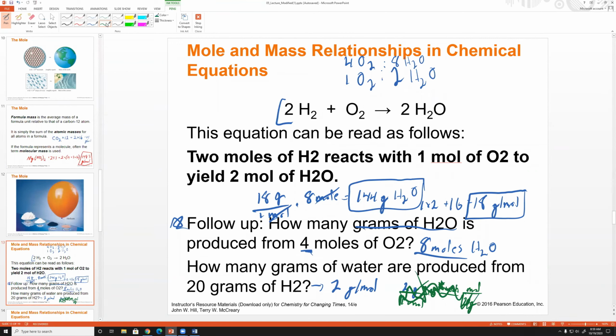Hold on. So what you're doing is you have your 20 grams and you're trying to convert this to moles. So you know that 1 mole is equal to 2 grams. Grams will cancel out, and you get 20 divided by 2 equals 10 moles.